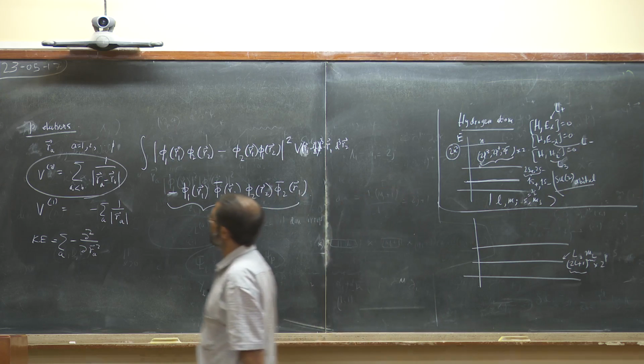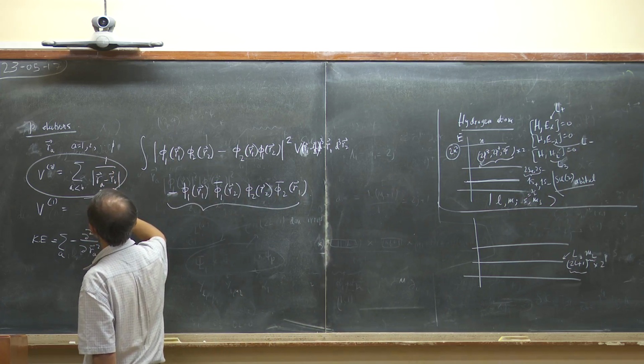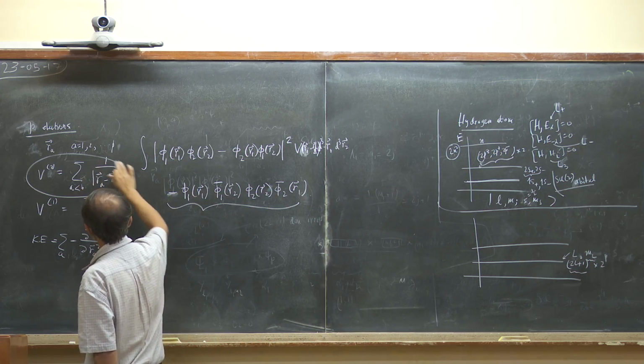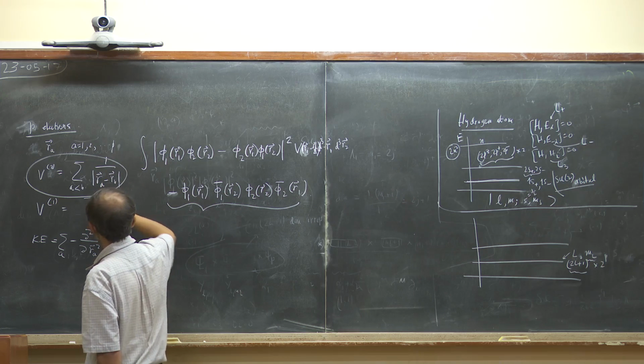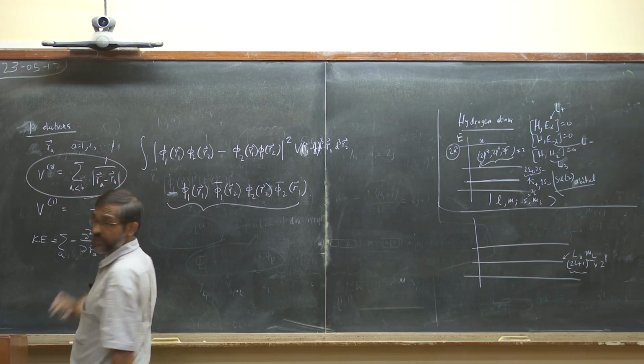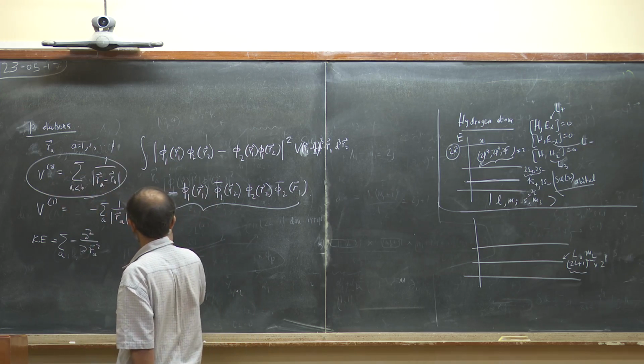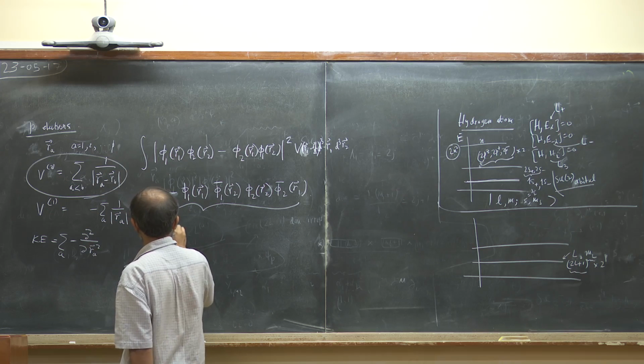So if you just naively wrote down a second quantized version of this two-body potential, it would be just this: V2(R1, R2) rho(R1) rho(R2).